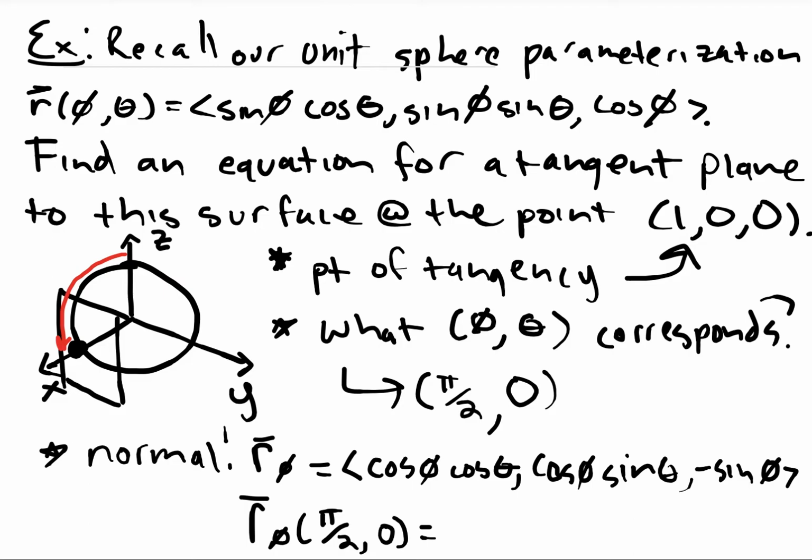If I substitute in my phi, the way we've been writing this, phi comes first. That means I need cosine pi over 2 times cosine theta in this first slot. Cosine of pi over 2 is 0, so that'll kill off both of these first terms. And then for this last one, I need minus sine of phi. That's minus sine of pi over 2. I get minus 1 there.